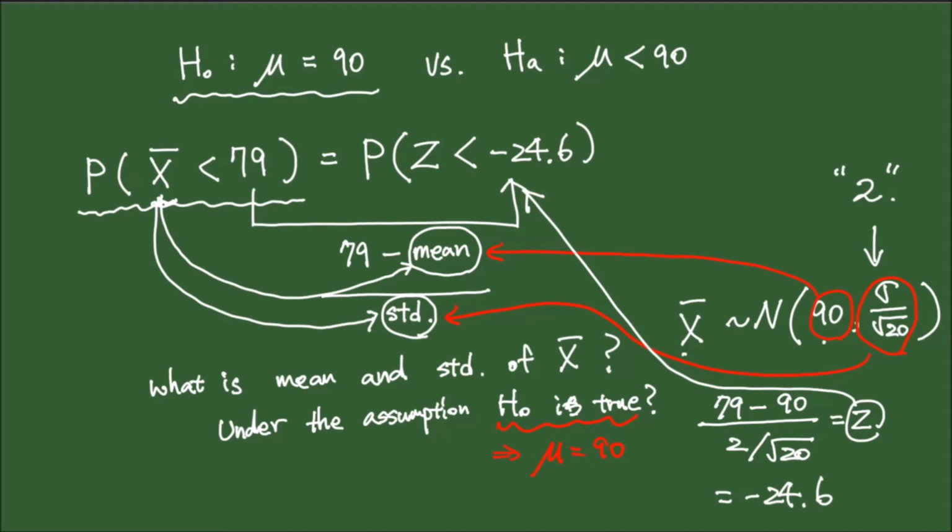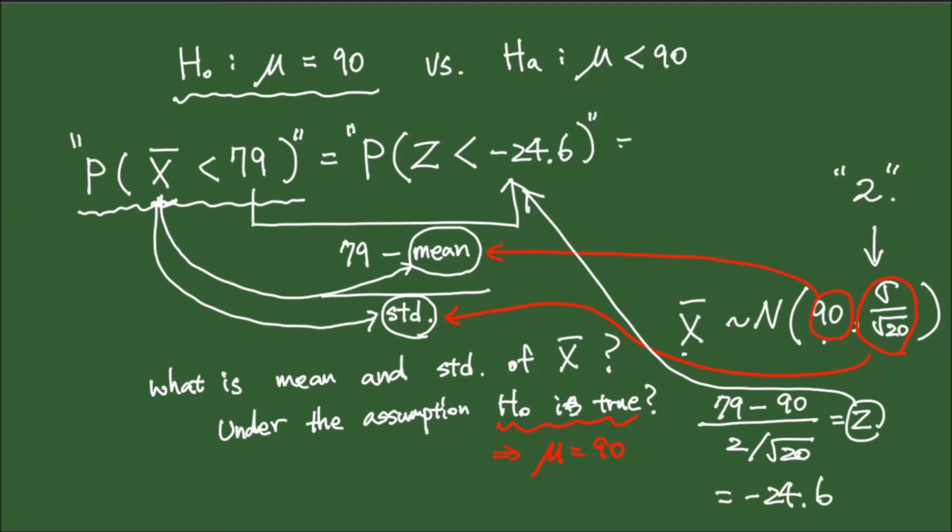Okay, so what we have done is convert the probability of x bar being less than 79 into the standard normal scale. Using the standardization formula, we have the probability that the standard normal random variable z is less than -24.6. Okay?